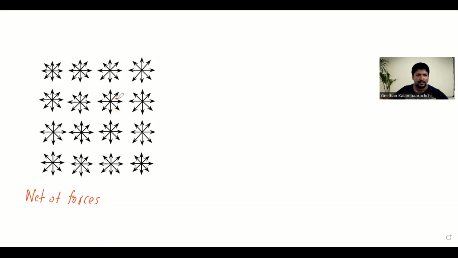For example, this force is given by this particle, and this force is given by this particle. So if you take these pairs of particles, these are action and reaction forces. Likewise. So I think that you have a good idea about this net of forces.